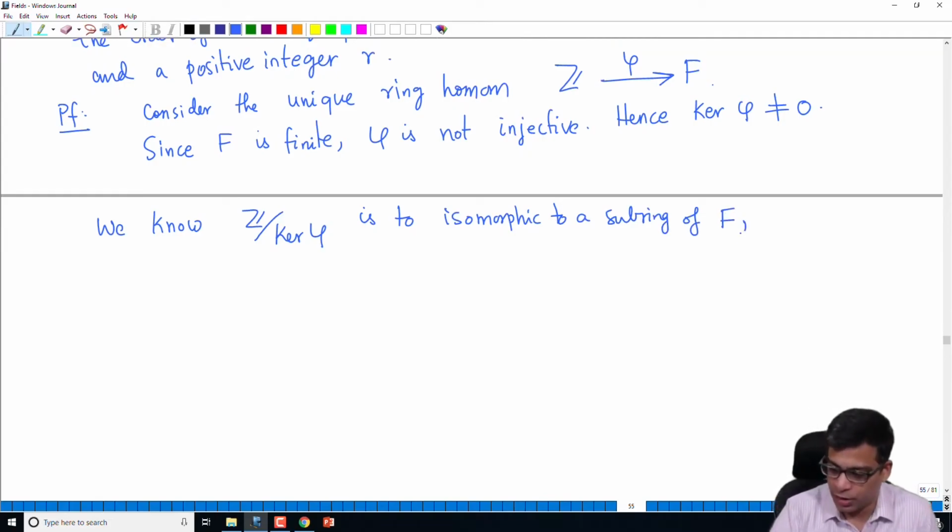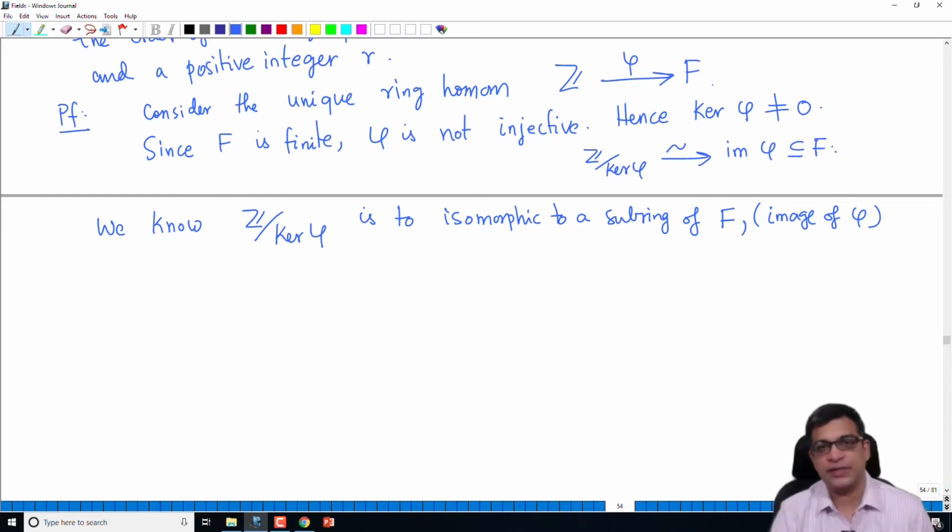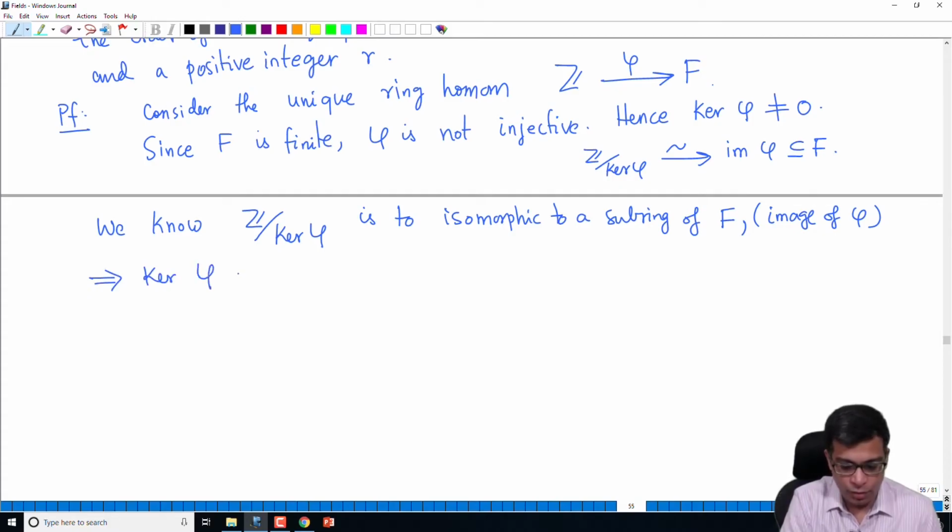Namely the image of phi. So we have an isomorphism from Z mod kernel phi to image phi, which is of course a subring of F. So F is a field. Any subring of F is an integral domain. So Z mod kernel phi is an integral domain. Hence kernel phi is a prime ideal.